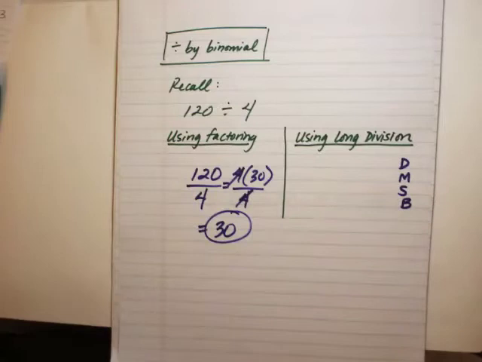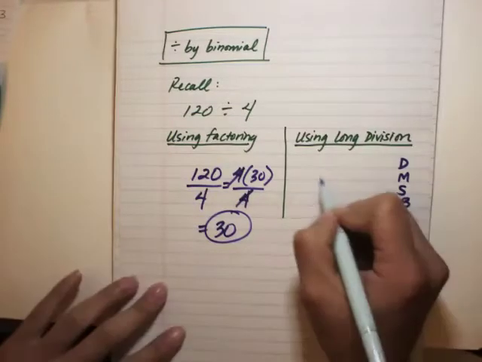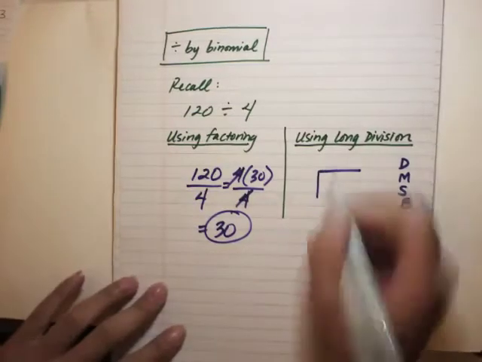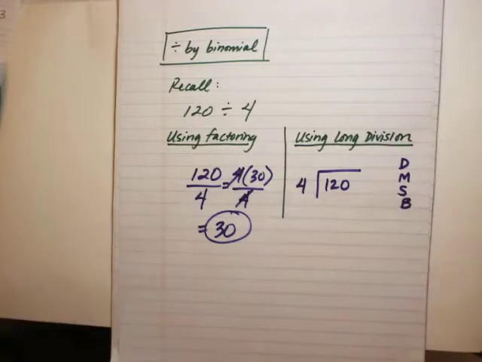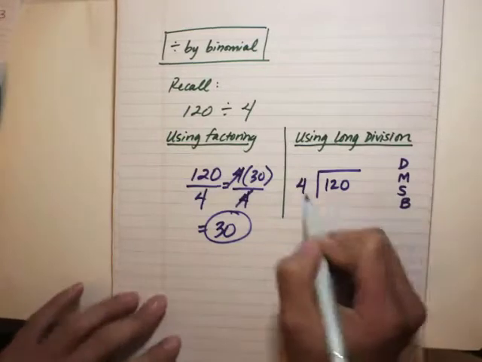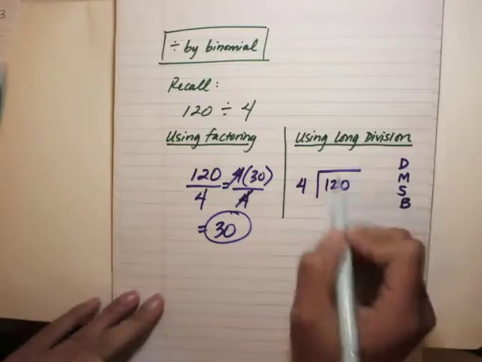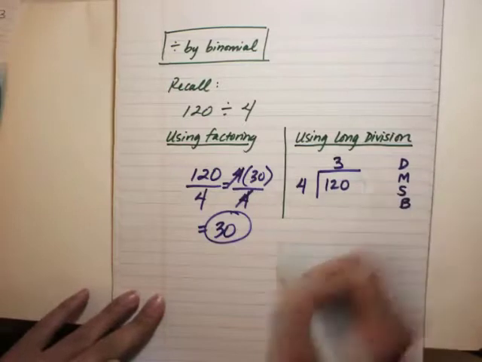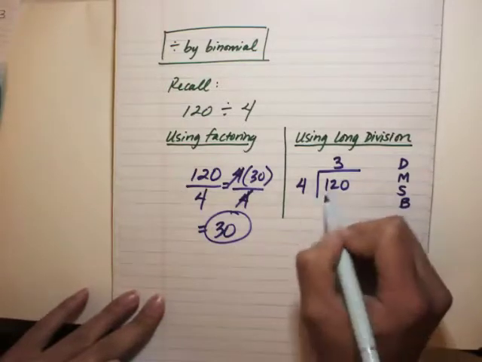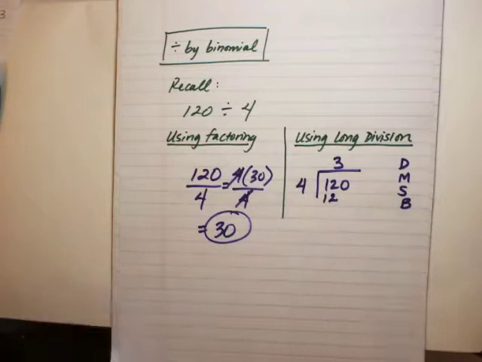Another way that you can look at this is as a long division problem. Putting the dividend in and divisor on the outside. You have 12 divided by 4. You do the division first, that's 3, and then you multiply. 3 times 4 is 12.